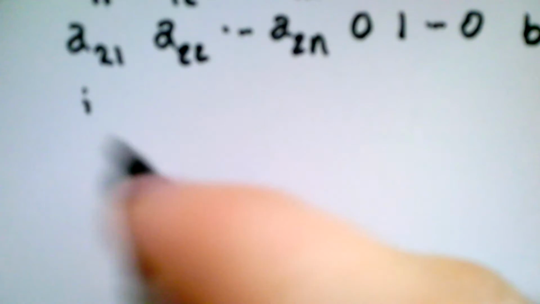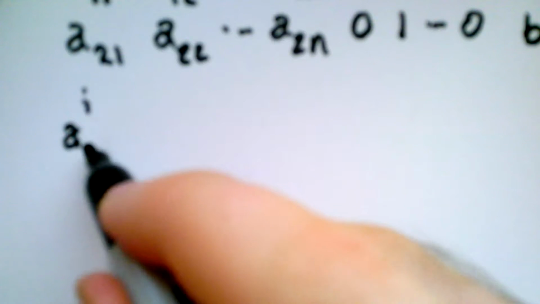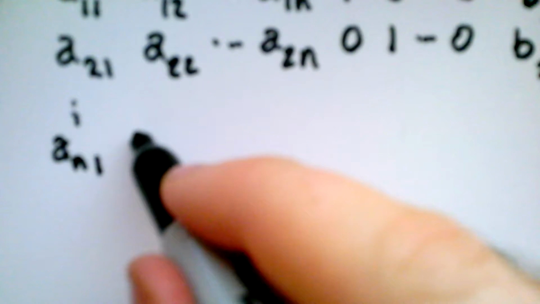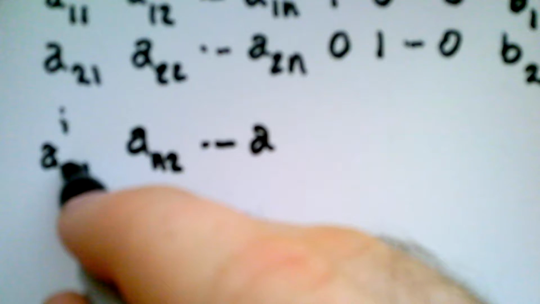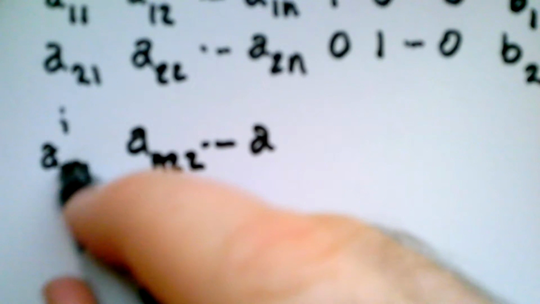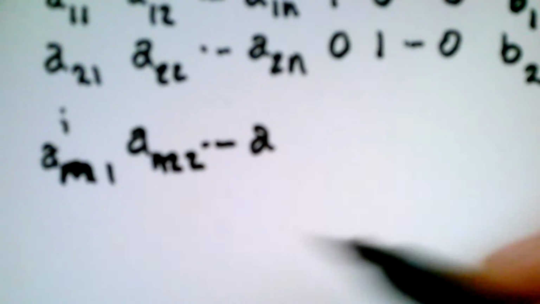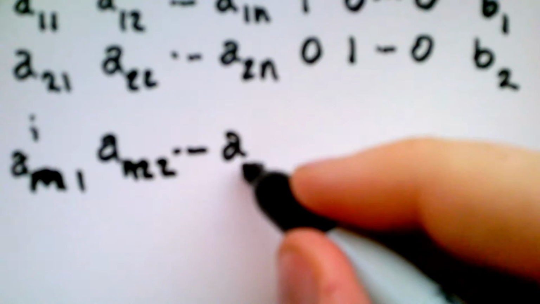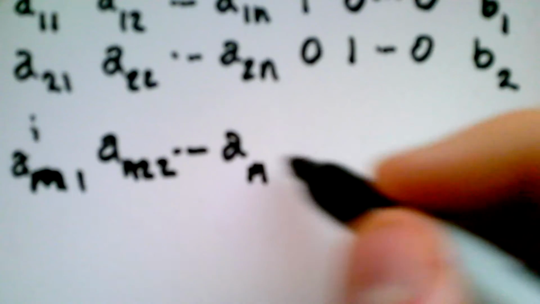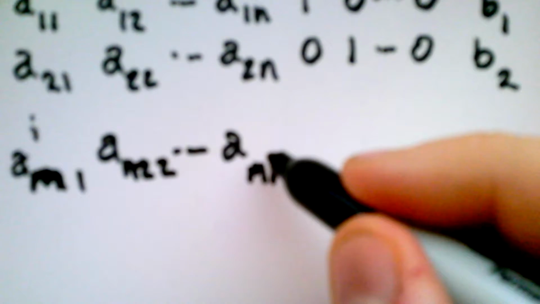You go all the way down until your last constraint, am1, am2, sorry, there are m equations and n variables. There we go. am1, am2, here's our last equation's last coefficient.